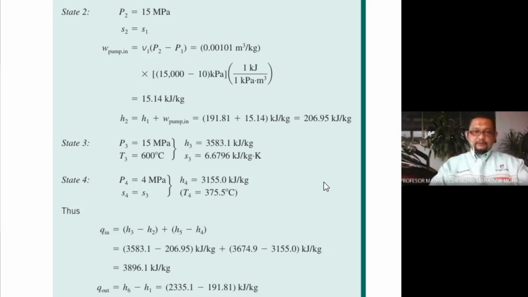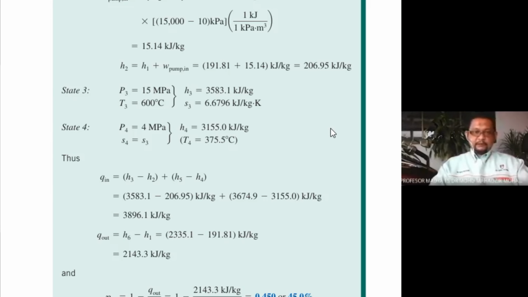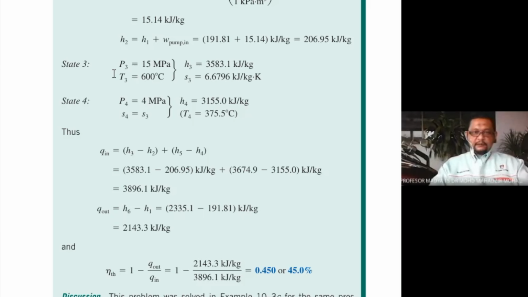Okay, then go for step number 3 using P3 and T3 that have been given in the question. These are the two properties that you can use to find in the properties table. This is superheated because 600 is more than the saturation temperature at 50 megapascal. So straight away find H3 and S3.